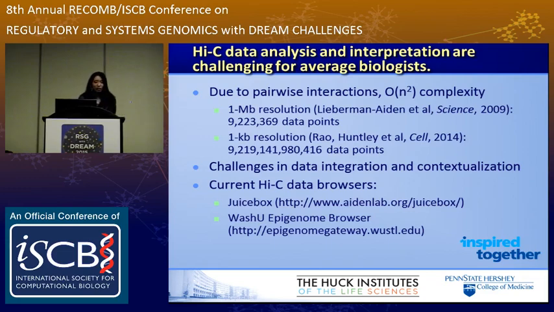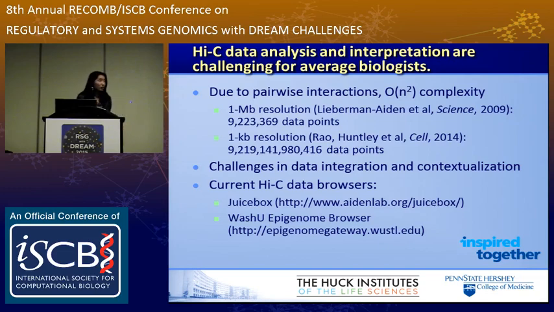The other problem in data interpretation of Hi-C is challenges in data integration and contextualization. Of course, you are aware that this is a problem in the entire field of bioinformatics, not just Hi-C.